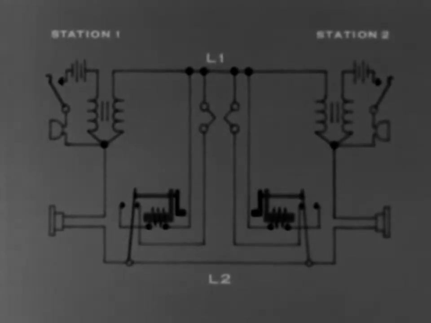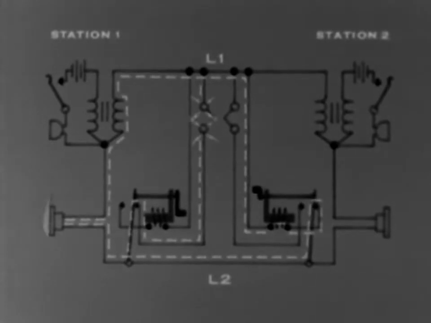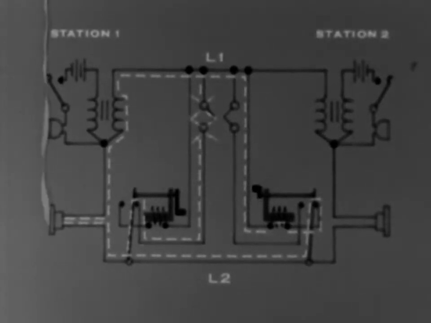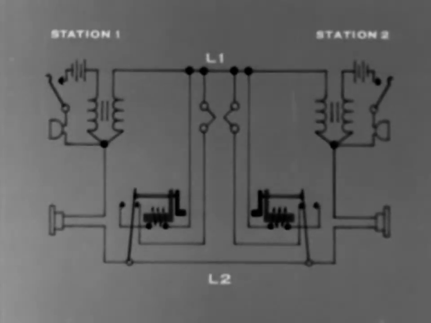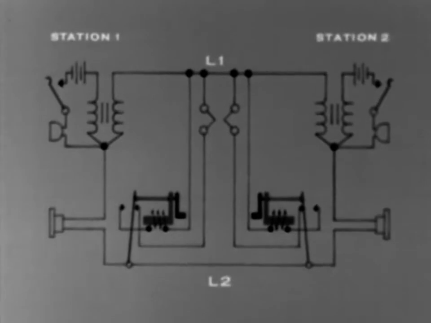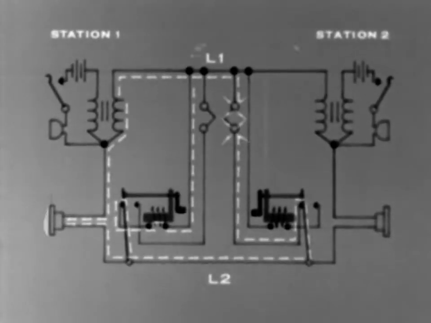But there is something missing in this circuit, because when Station 2 rings Station 1, the current in our receiver circuit overloads the receiver. The same thing occurs when Station 1 signals Station 2.